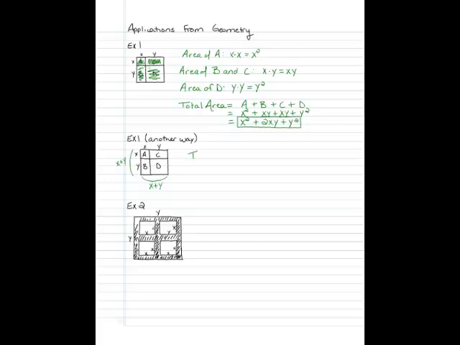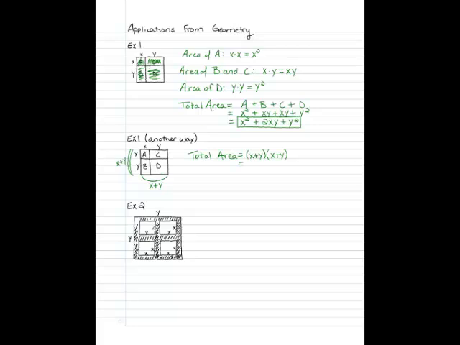So to find the total area of the entire figure, it's going to be this length, so x plus y, times the width. So times x plus y.